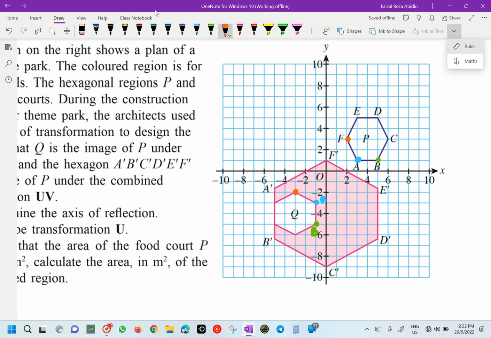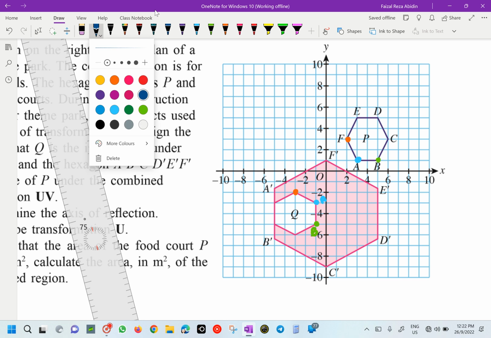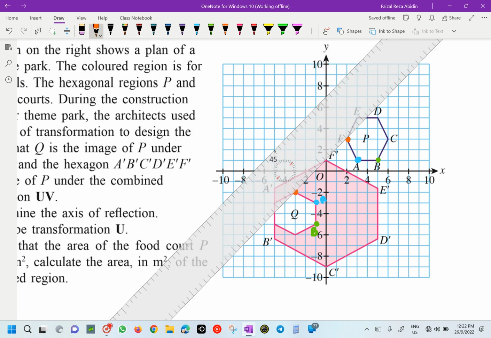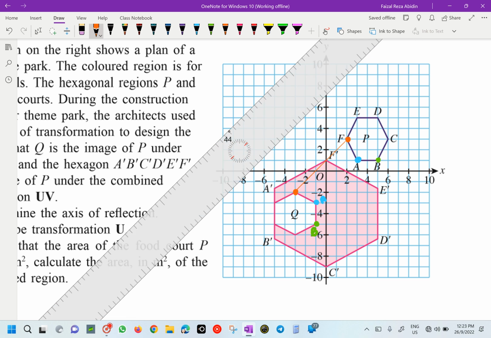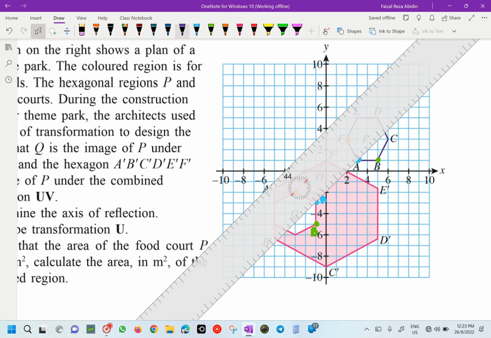Please take out your ruler. I'm going to have this one for my F here. How many units do you have over here? 1, 2, 3, 4, 5. 5 divided by 2 is 2.5. So I'm going to get the middle over there. Same goes for point A here.